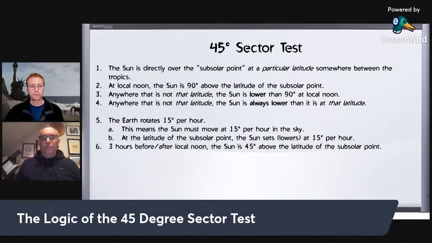So in 3 hours, I want to talk about afternoon, but it's true before noon as well, 3 hours after noon, that's 3 times 15, so that's 45 degrees. The sun has traveled 45 degrees in 3 hours. It started at 90 at the subsolar point, at noon. So 3 hours later, it should be at 45.